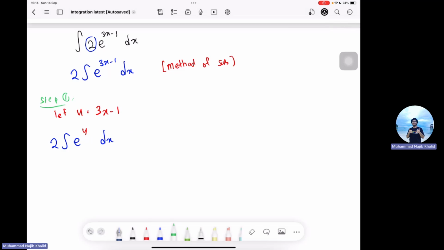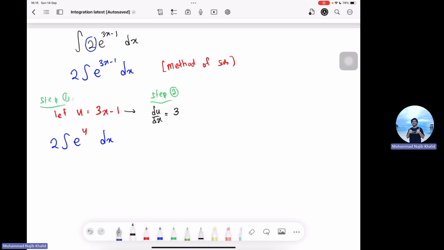Moving on, step number 2 is to rewrite the dx in terms of du. From chapter 1, du over dx is equal to 3.